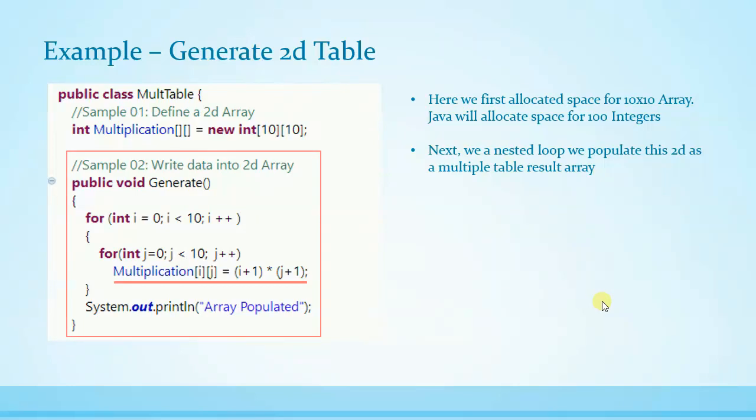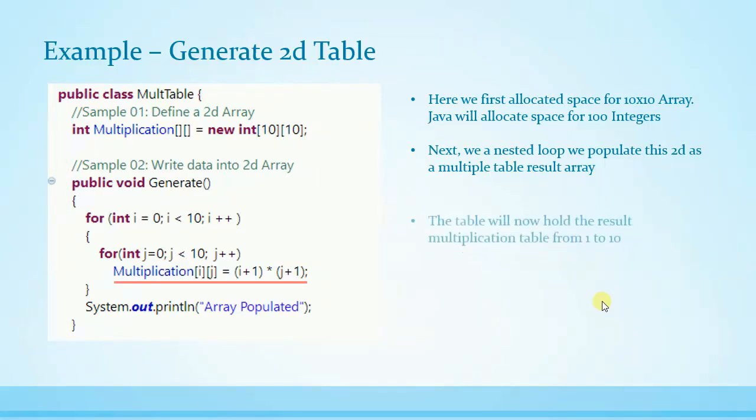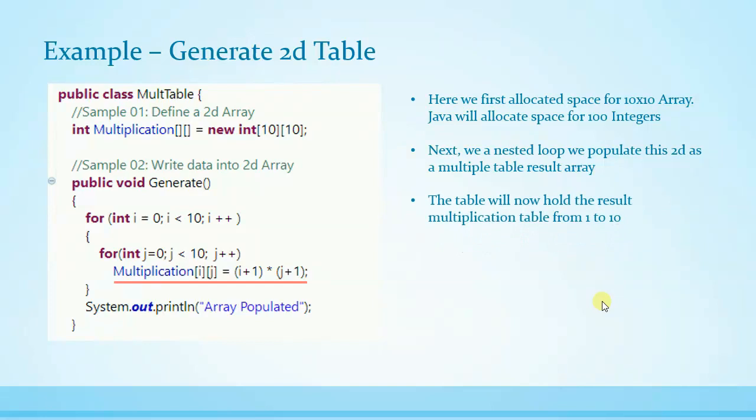Next we have a nested loop through which we populate this 2D array to form a multiplication table. The table will hold multiplication results from 1 to 10.